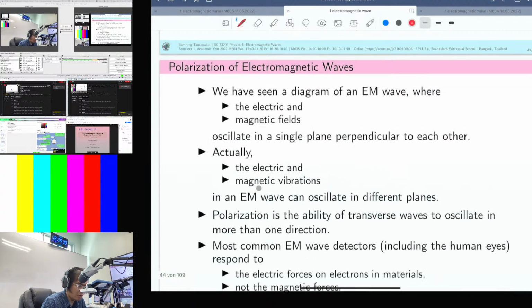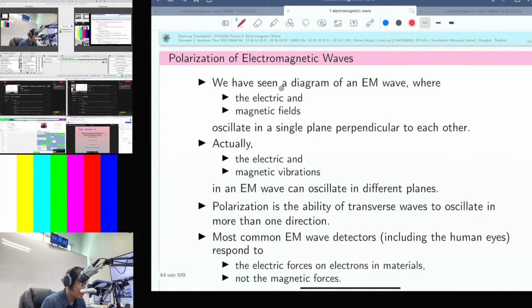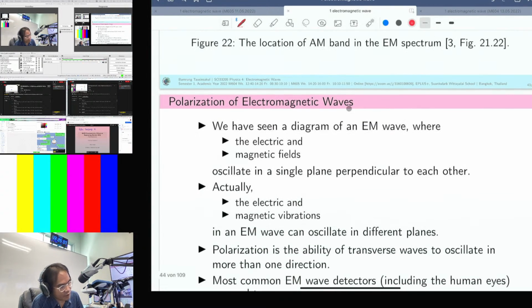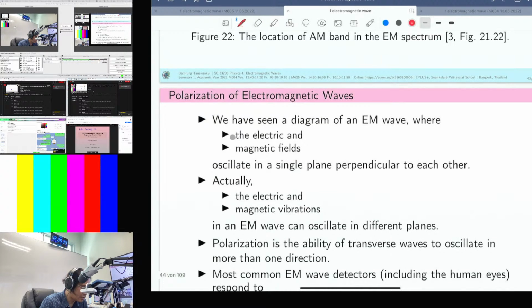And now we will talk about the next topic in this chapter. It's called polarization of electromagnetic waves, and here we're gonna have more, I would say, more calculation scenarios.